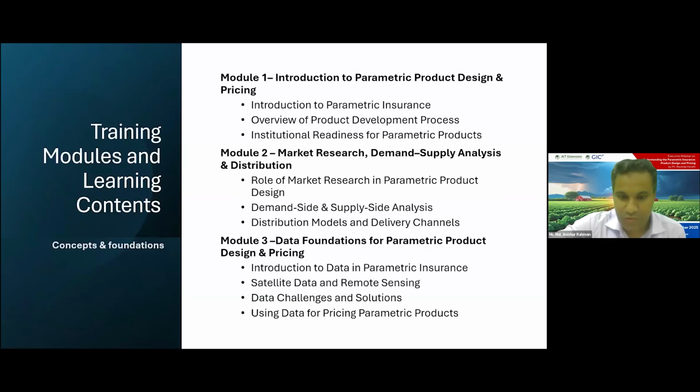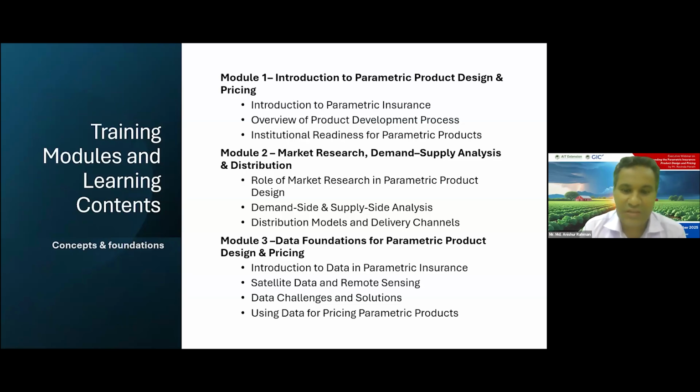So with that, the key modules and learning contents have been divided into three sections. The first three modules cover concepts and foundations. Module 1 is introduction to parametric product design and pricing. Module 2 focuses on market research, demand-supply analysis and distribution.